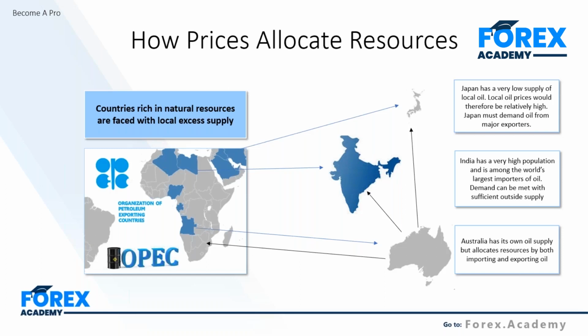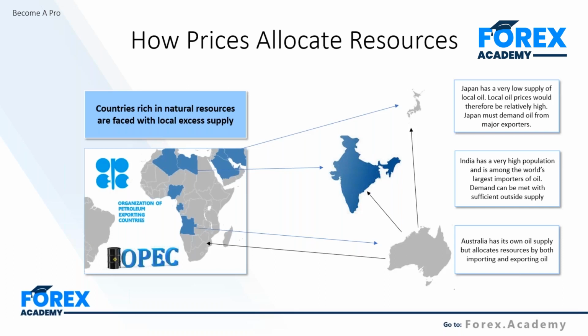Australia again is a completely different example because Australia has its own oil supply but allocates resources by both importing and exporting oil. So if we relate back to our market equilibrium, we can gather an idea of where these three countries, Japan, India, and Australia, sit along that demand and supply curve in terms of allocating this commodity and resource across the globe.